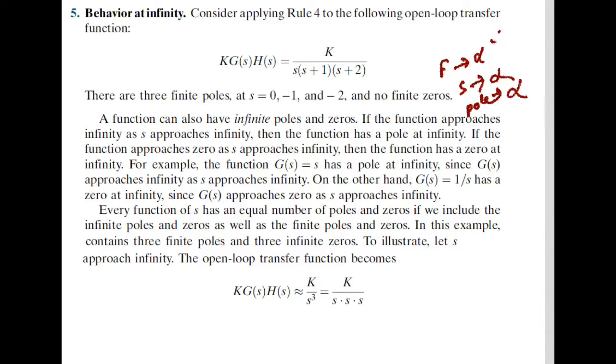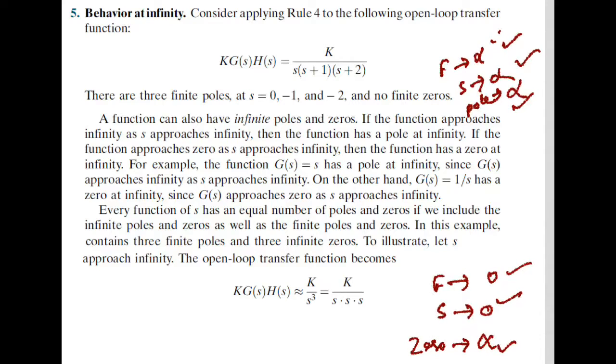Now if the function approaches 0 as s approaches infinity, then the function has a zero at infinity. So from this it is clear that if the function approaches infinity as s approaches infinity, it has a pole at infinity, and if the function approaches 0 as s approaches infinity, then it has a zero at infinity.